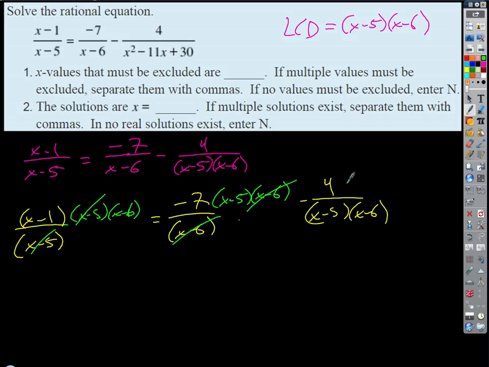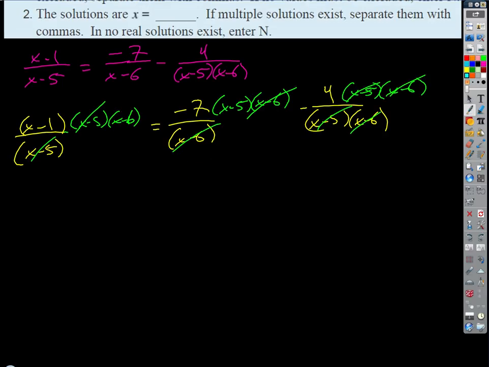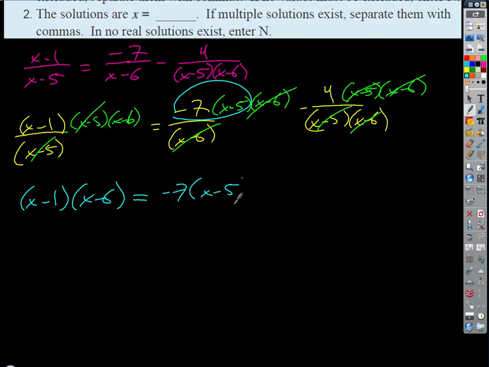And then over here, everything cancels, right? And so we end up with x minus 1 times x minus 6 equals, just that stuff survives, negative 7 times x minus 5 minus 4 times, just minus 4. Everything canceled there, right? And I'm just going to solve that equation.